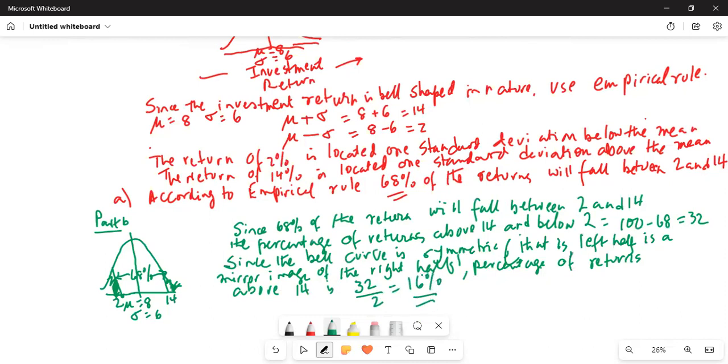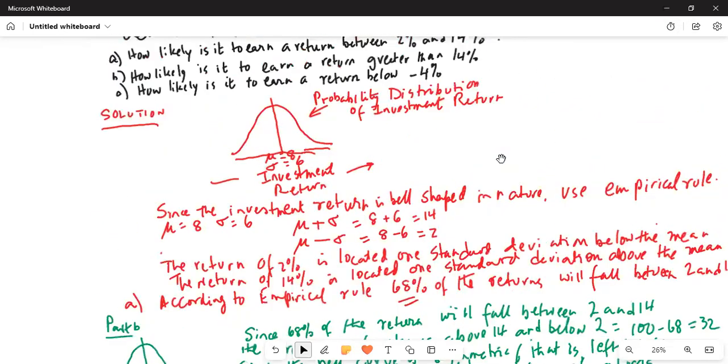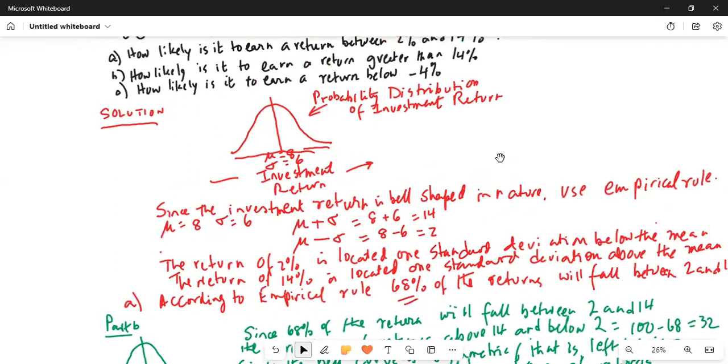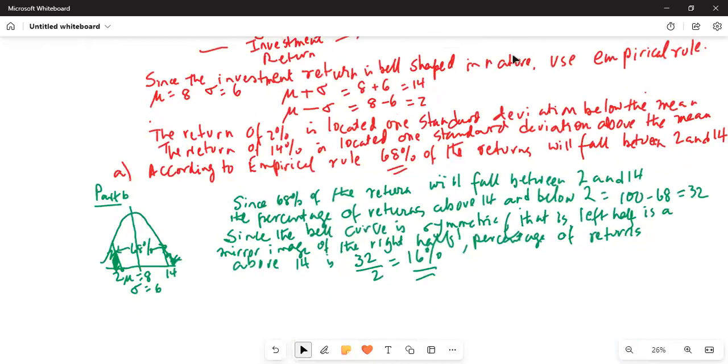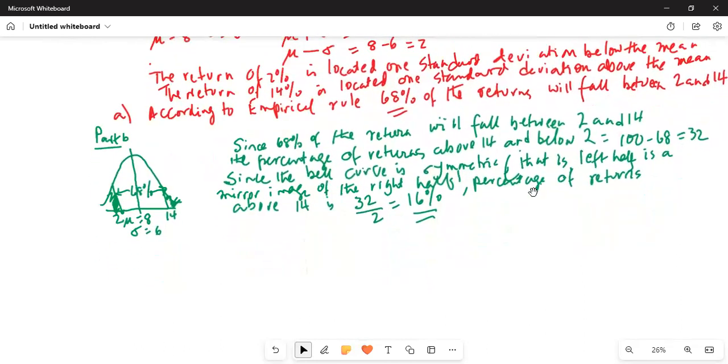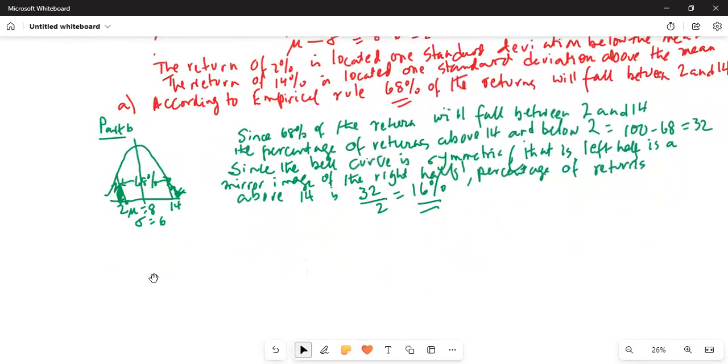Now let's move it a little bit up and see what they want in part C. Part C, how likely is it to earn a return below minus 4%? Let's draw the picture again.